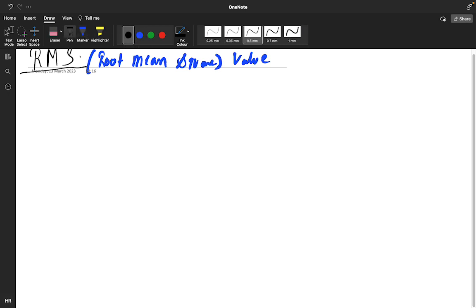RMS value is defined based on the heating effect of the waveform. In an AC it will give you the equivalent DC form. RMS is nothing but the equivalent DC form. So RMS definition, write it down: RMS value is defined based on the heating effect.